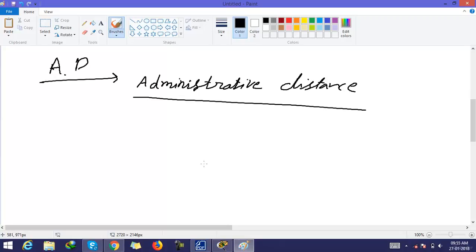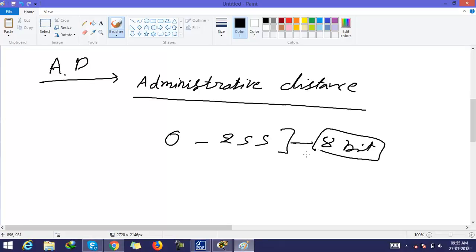An administrative distance is an integer from 0 to 255 because AD is an 8-bit value. It varies from 0 to 255, where 0 is most trusted and 255 means no traffic will be passed via this route.